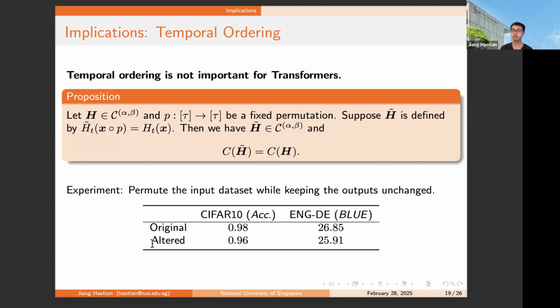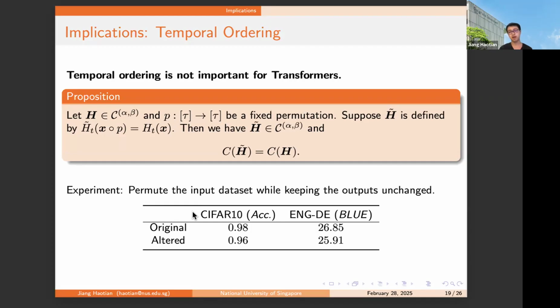So this can actually be both a good thing and a bad thing for the transformer, because it totally depends on the target. If the target does not include any temporal ordering information, for example, the image labels in the image classification problem, then the transformer can learn it really well.